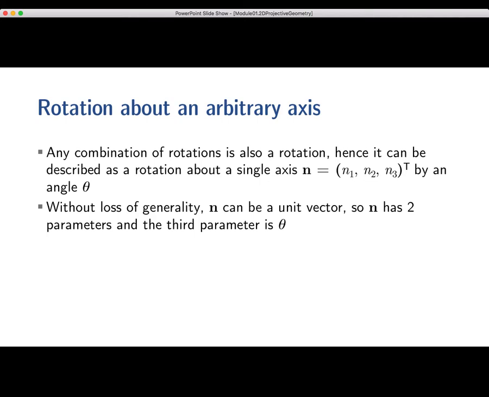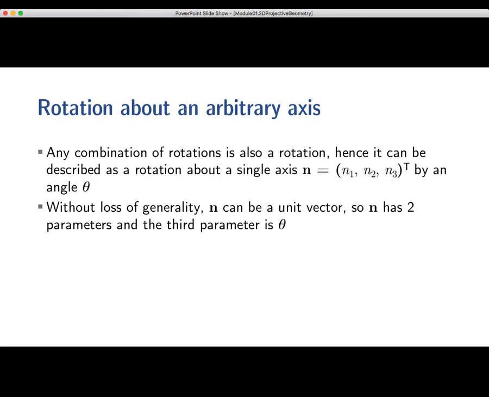The degrees of freedom do not change by a mere change in representation. Without loss of generality, n could be a unit vector. It's still an axis of rotation, which means n has two parameters only, because one parameter is eliminated by the fact that the whole vector is a unit vector.